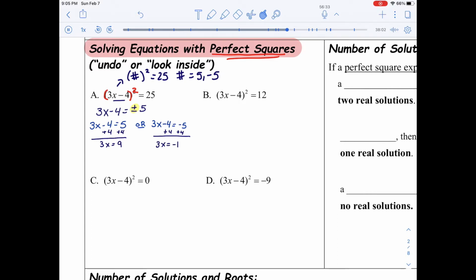Now in both instances, I have 3 times x, and to undo times 3, we divide by 3 to both sides. And I end up with my solutions x equals 3, or x equals negative 1/3. And those will be my two answers to example A.